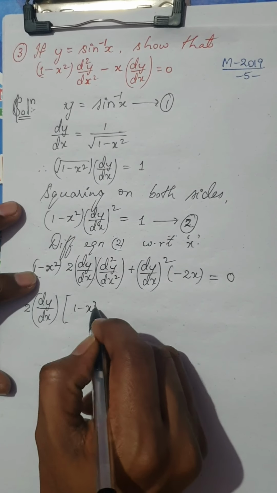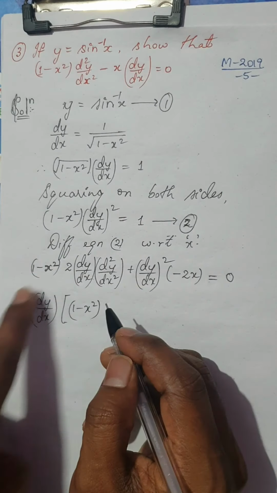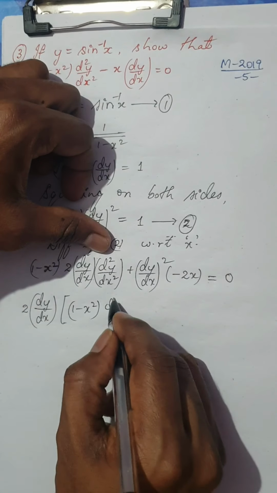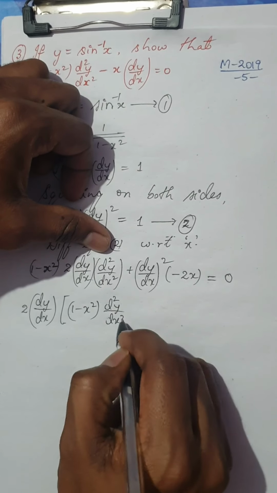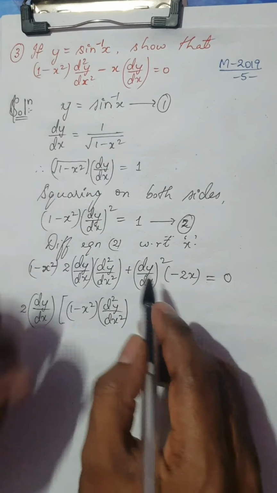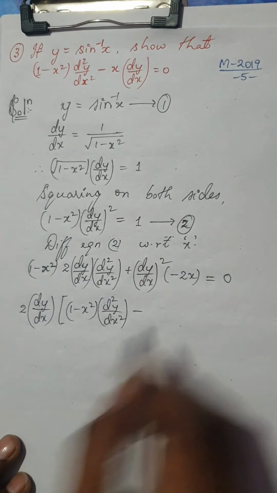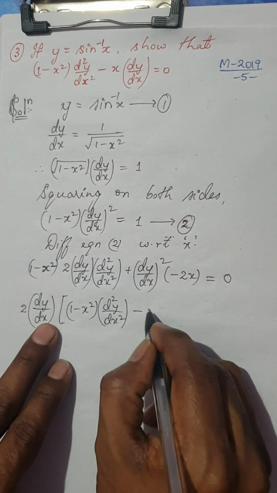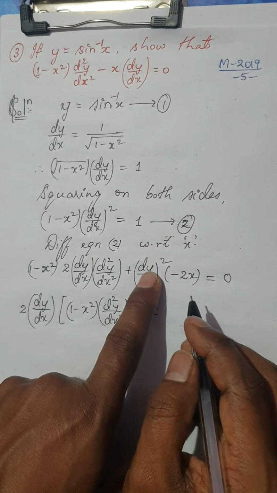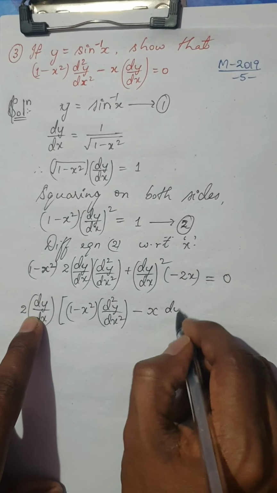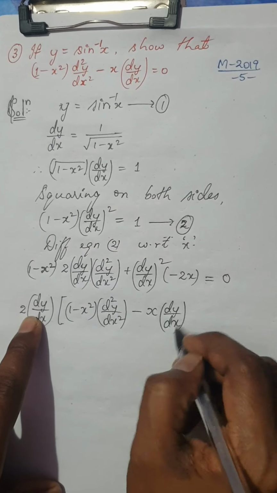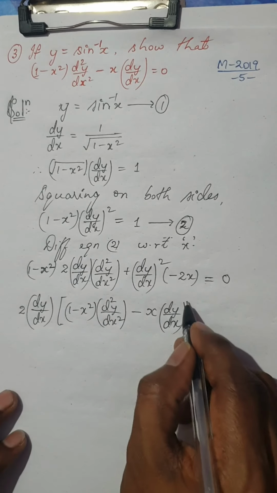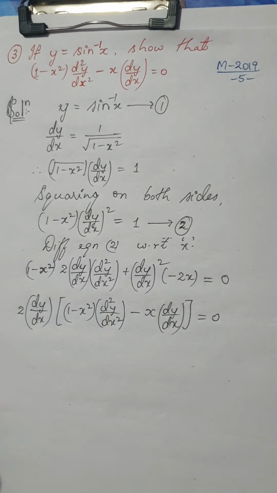I have 1 minus x square into d square y by dx square, and 2 times dy by dx is taken outside. Now plus into minus is minus, 2 is taken outside, x, I have dy by dx whole square, but one term is taken outside, so I am keeping one term, dy by dx. So this is equal to 0.